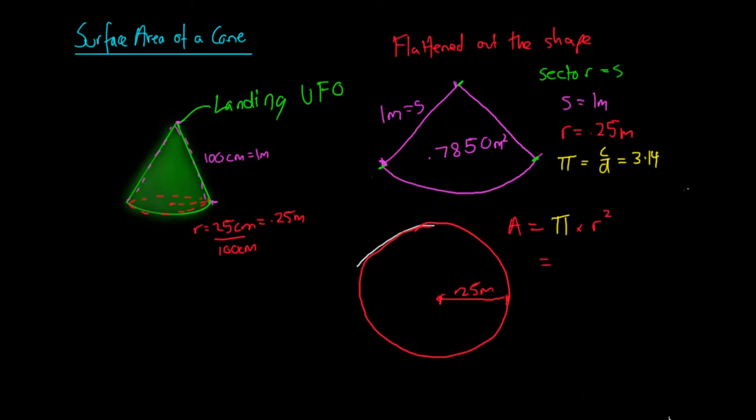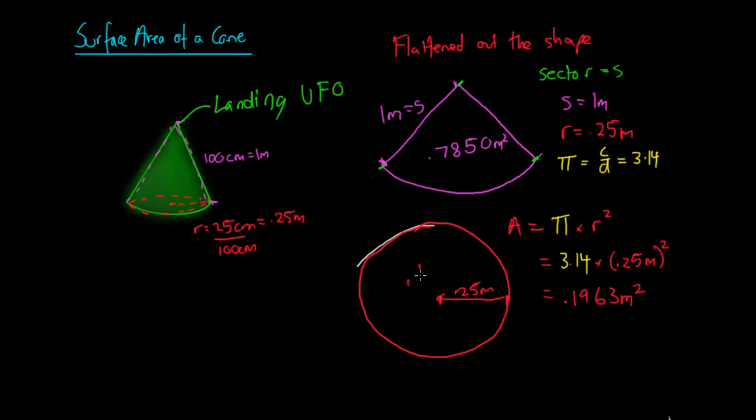Pi is still 3.14, and our radius is 0.25 meters. So this is 3.14 multiplied by 0.25 meters squared, and that's going to give us 0.1963, with units of meters squared.